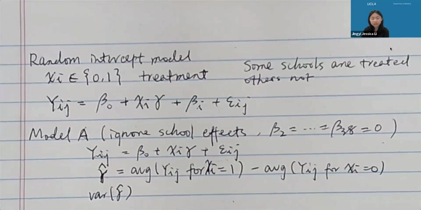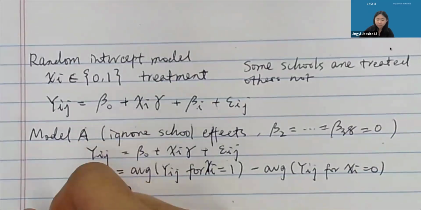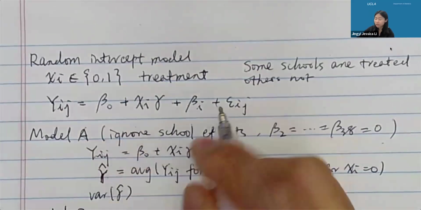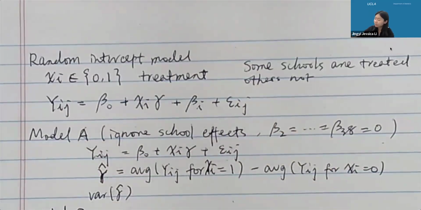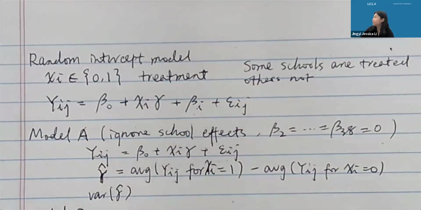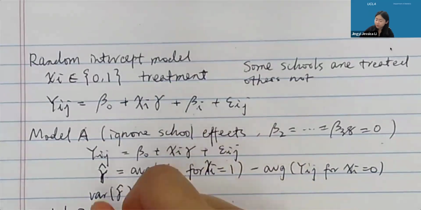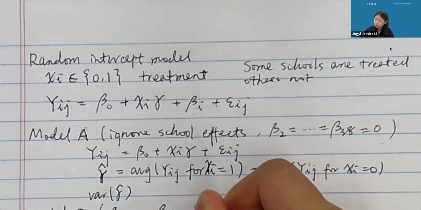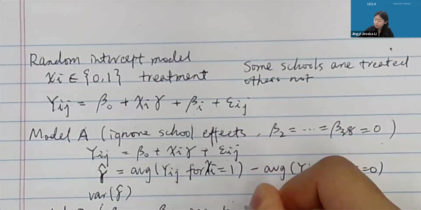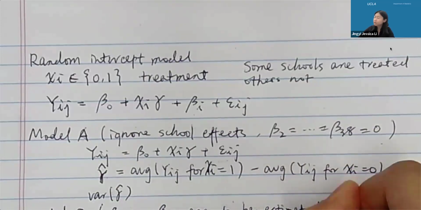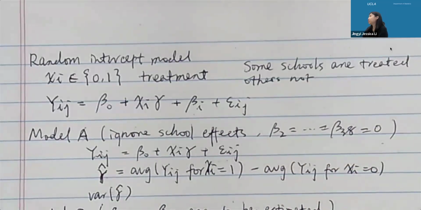Okay, so that's model A. Model B. We just use this model, but we treat beta 2 to beta 38 as individual parameters to estimate. Okay, beta 2 to beta 38 are to be estimated. So there's no prior on them. They're just individual parameters.